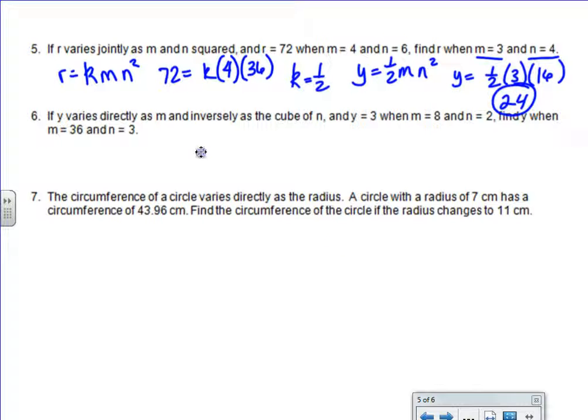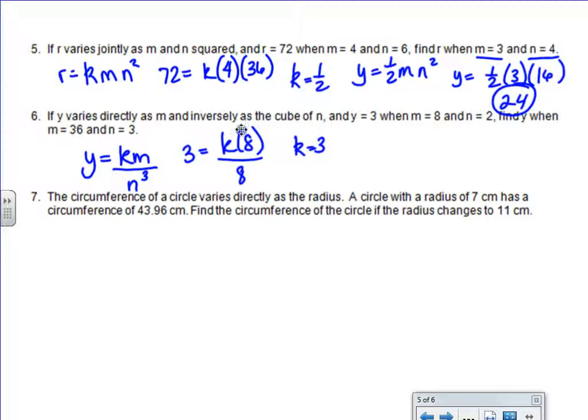Now the next question, y varies directly as m, but inversely as the cube of n. So y varies directly as m, looks like this, but then when I go inverse of the cube of n, that means it's dividing by n to the third. So setting up my clues, n to the third power would be 2 to the third power, which is 8. Now I tried to simplify the fraction first. 8 over 8 is just a 1. So that simplifies pretty nice.